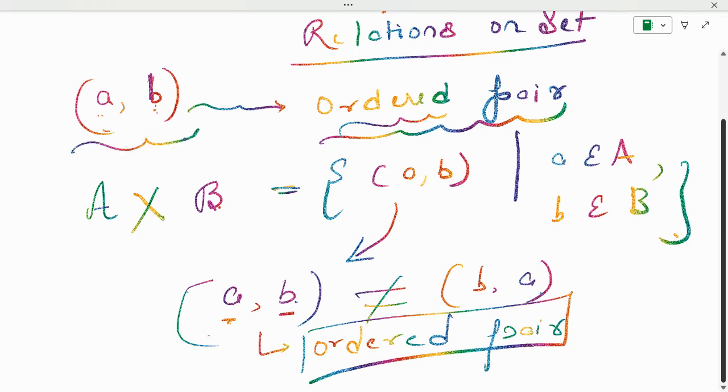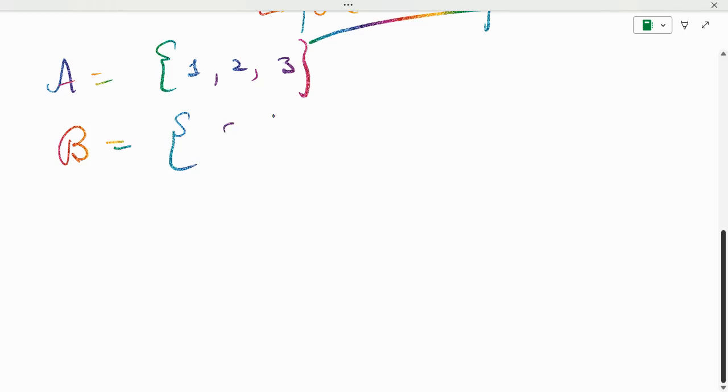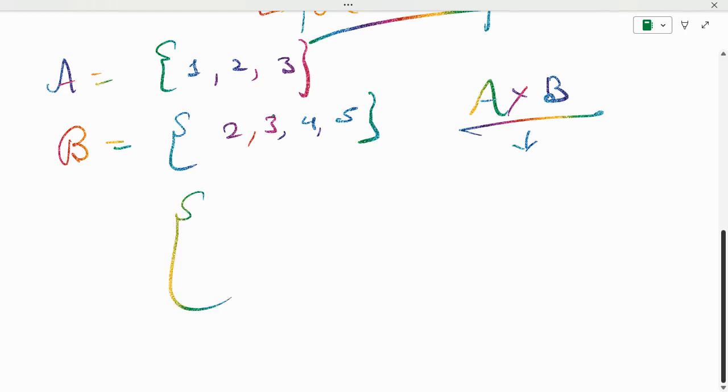Now, let's say we have one set called A with the elements 1, 2, and 3. Similarly, we have set B with elements 2, 3, 4, and 5. Now, let's say we are doing a cross product of A and B. What are the elements we are going to form?